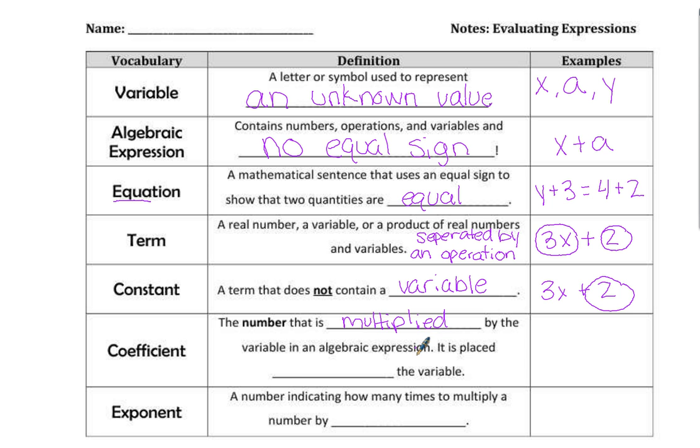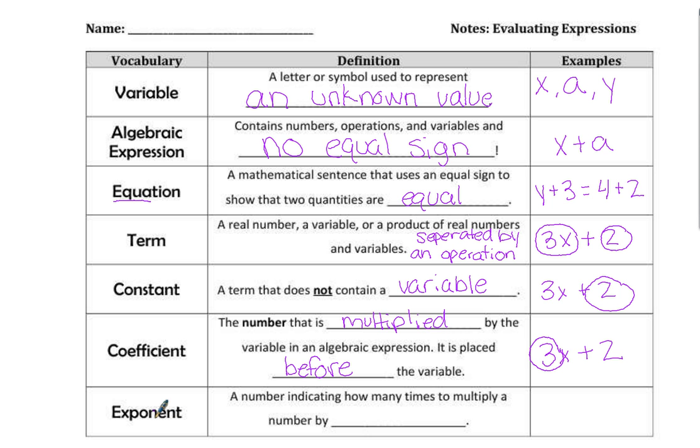It is placed before the variable. So in our example again of 3x plus 2, our coefficient would be this 3. It's the term that's in front of our variable. It's the term that's touching the variable, but the variable is not included in the coefficient.